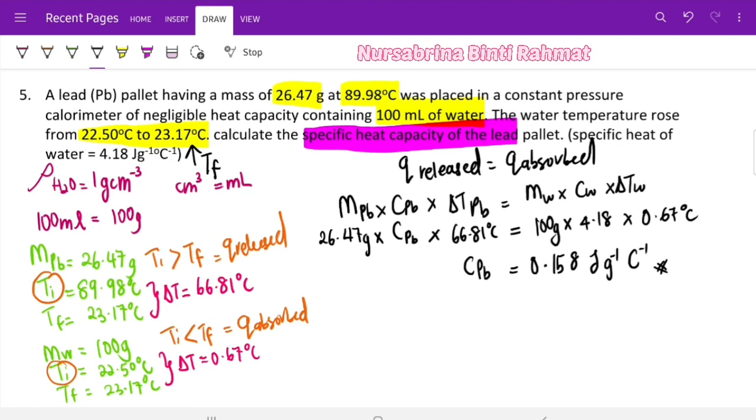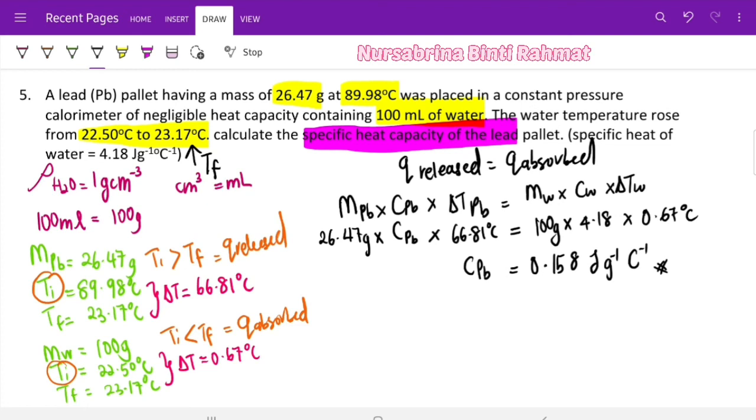In these 5 different examples, first, you need to calculate the amount of heat being absorbed or released.